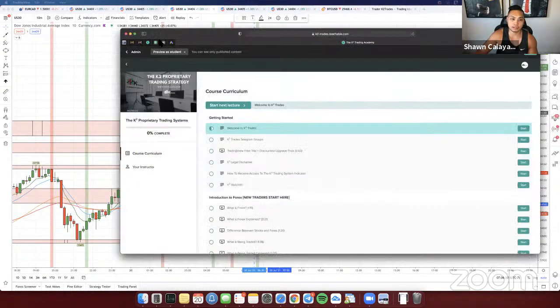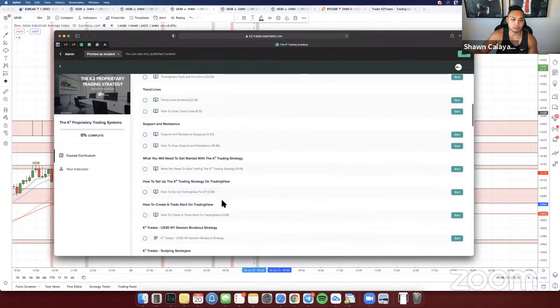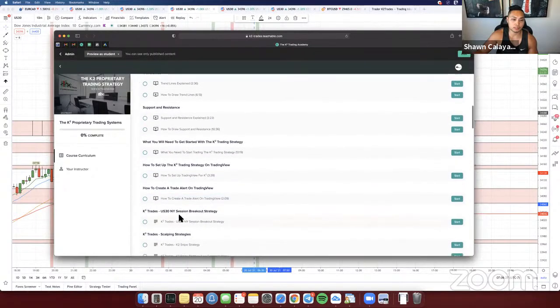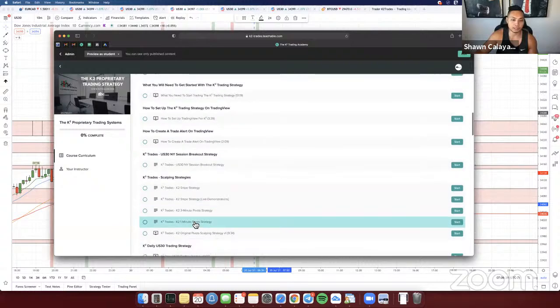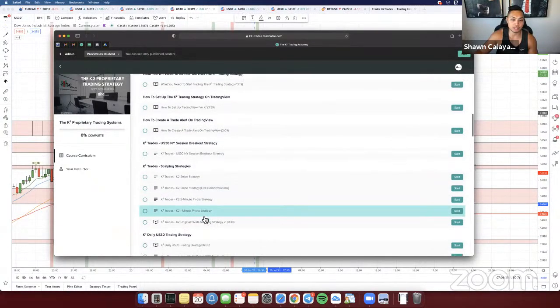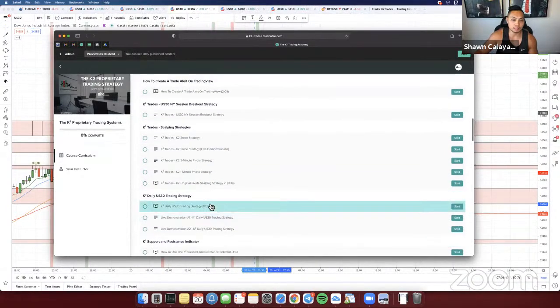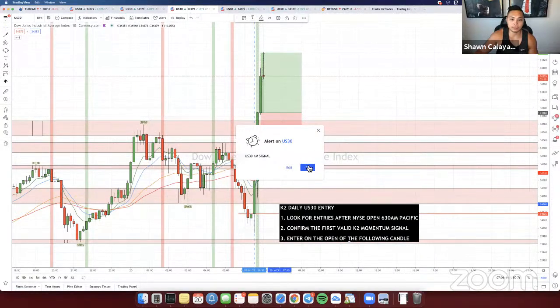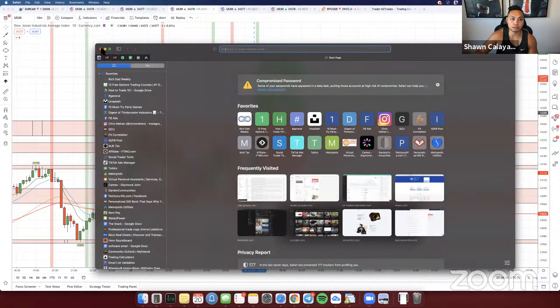All right, so here's the course. If you want to learn any of these strategies that I just covered today, we have the US 30 New York session breakout strategy. This is the breakout that we were looking for in the beginning. For the scalping strategies, we have the snipe strategy, the 3-minute pivot strategy, the 1-minute pivot strategy, and the original pivot strategy. And if you want to see the daily strategy, the one that I just marked up, it's explained on the website as well.